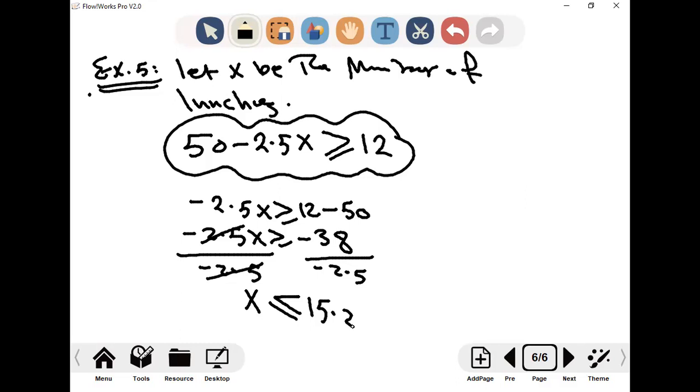So Meredith can buy what? No, 15. You cannot divide the lunch, it's a meal, okay? So she can buy no more than 15, or at most 15, or 15 or less, whatever you want to write.